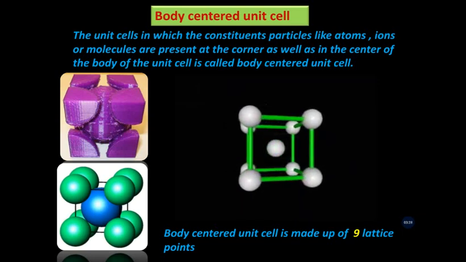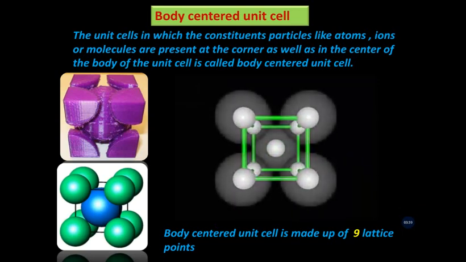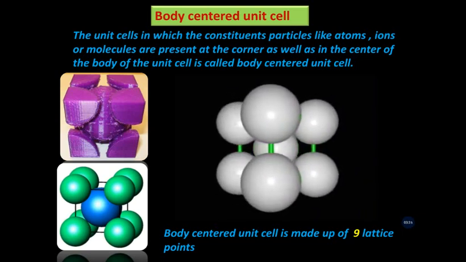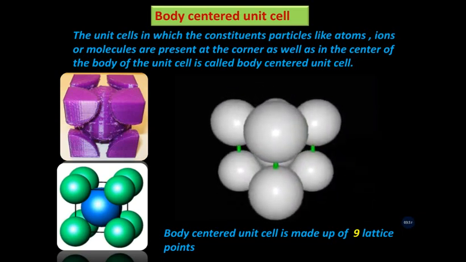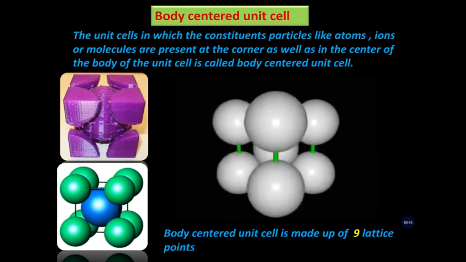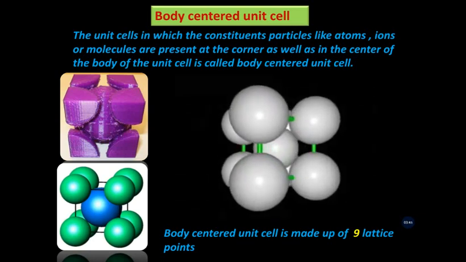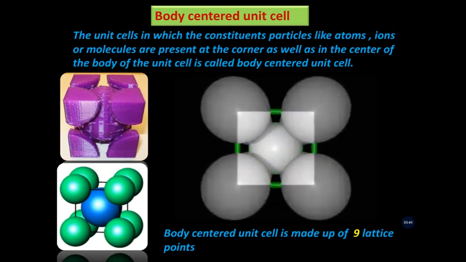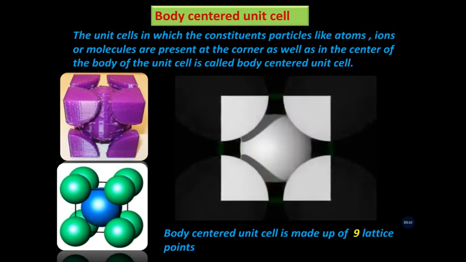In this unit cell, the body centered atom touches the atoms present at the corners of the cube. Along with the 8 atoms at the corners, one atom is entirely present inside the body. Therefore, body centered is made up of 9 lattice points.